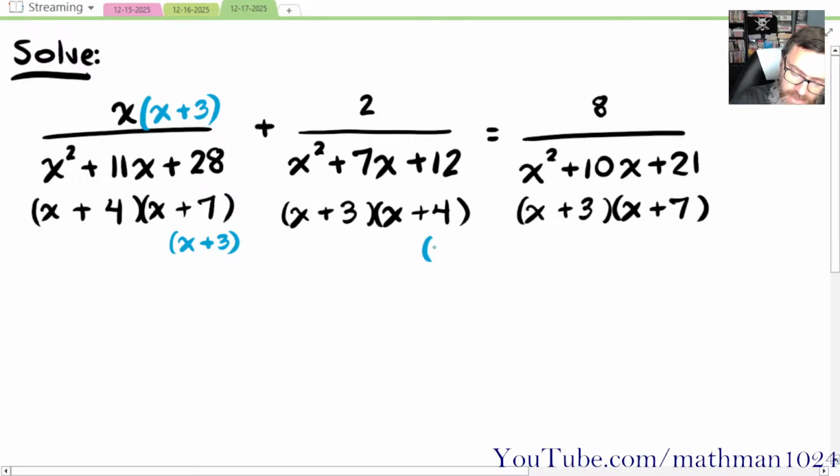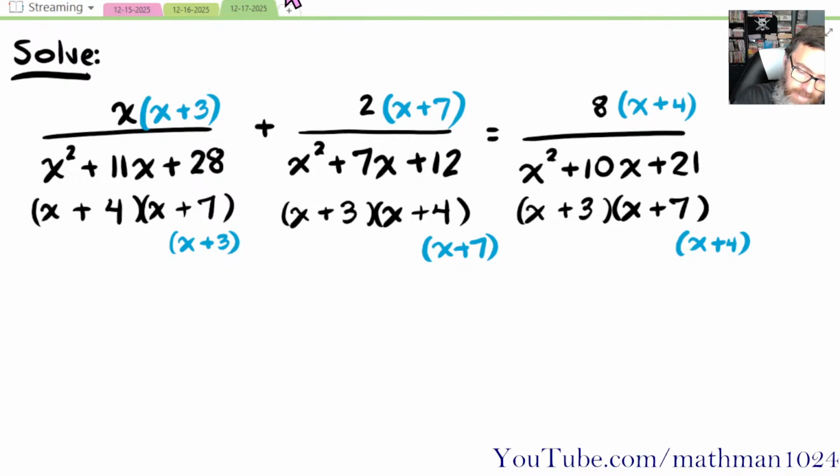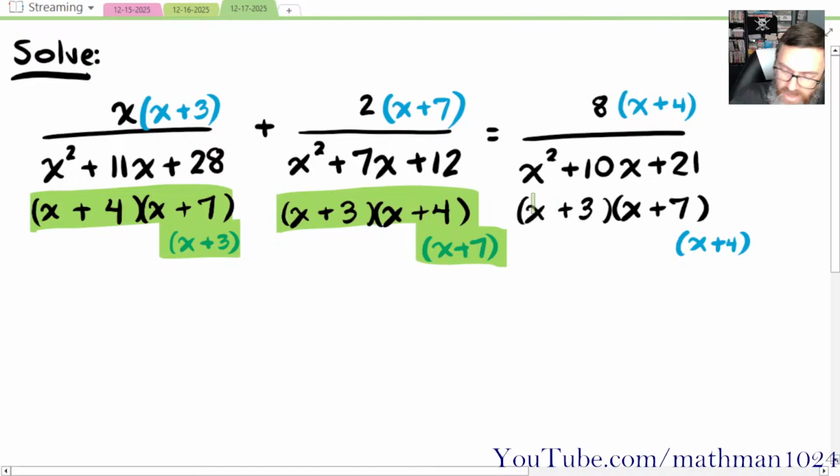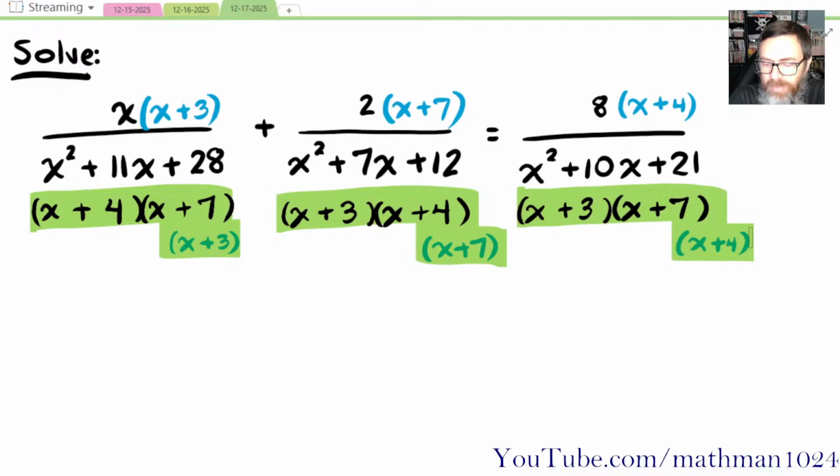The middle fraction is missing the factor x plus 7. That's what the other two denominators have that it doesn't have. And finally, this one over here is missing the factor of x plus 4 that the first two denominators have. So we see here that all of these denominators, although the order is not the same for those factors, each contain the same set of 3 factors.